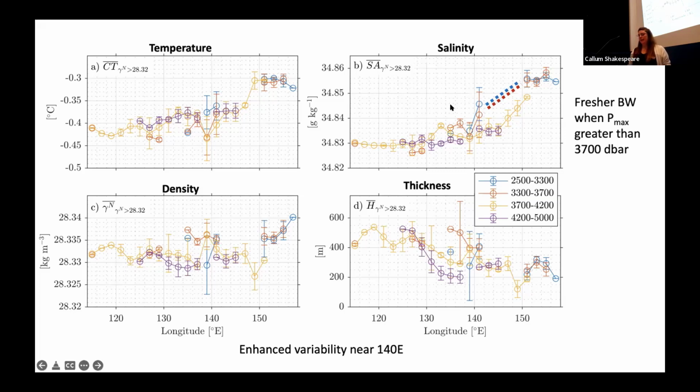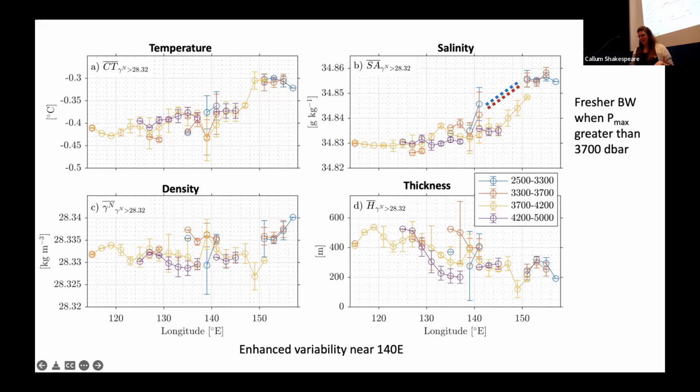Another thing that I want to point out in this figure is that on the Ross Sea side of the basin, so near 150, you actually see saltier bottom waters in shallower depths.